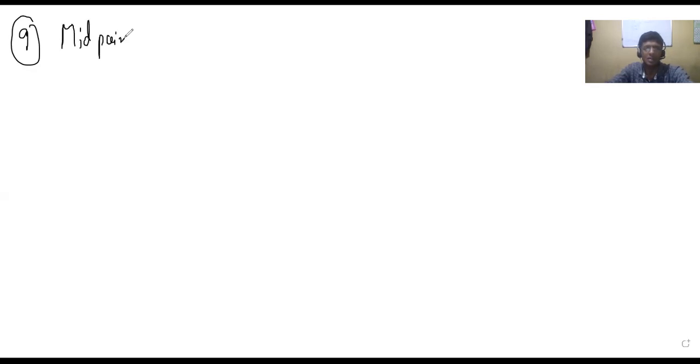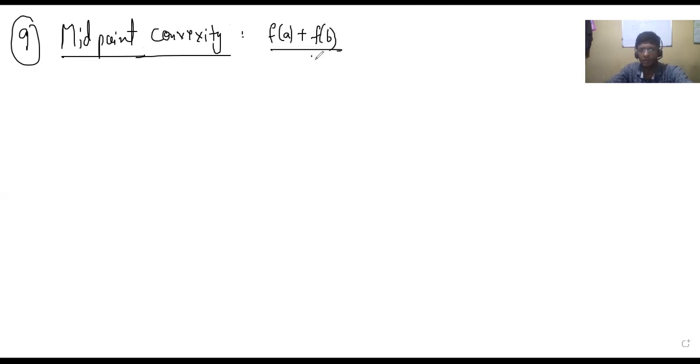This is the name; you can relate the name to the thing. So we are given midpoint convexity. What does it mean? It means that (f(a) + f(b))/2, the average of the values at the endpoints, should be greater than or equal to f((a+b)/2).